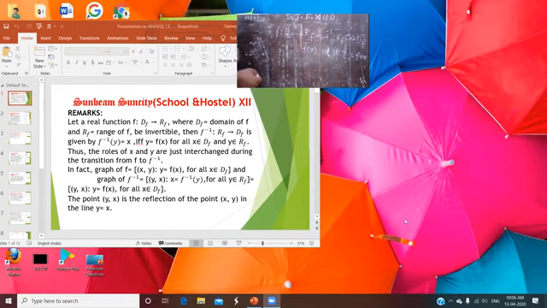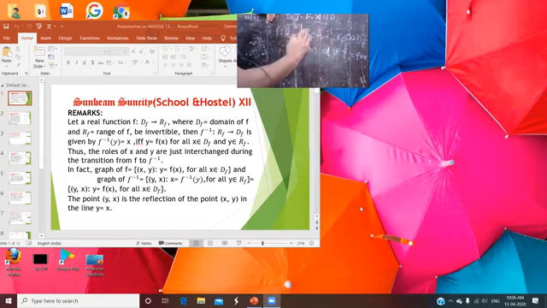Okay, so if f is invertible, then f inverse of y is equal to x if y is equal to f of x. Now, what is the relation between the function and its inverse?